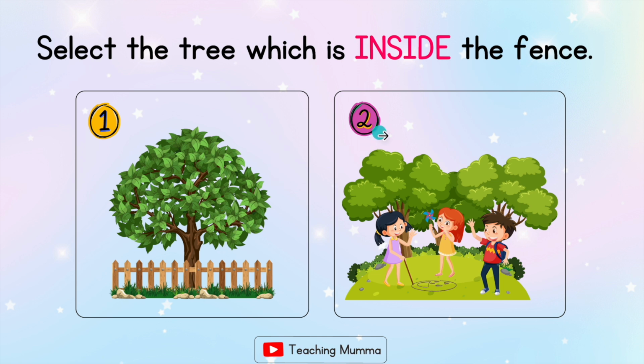And in option 2, can you find any fence? No. So, which tree will you select which is inside the fence? What is the right answer? Option 1 or option 2? Option 1, correct.